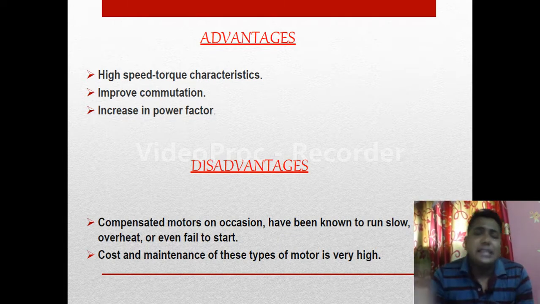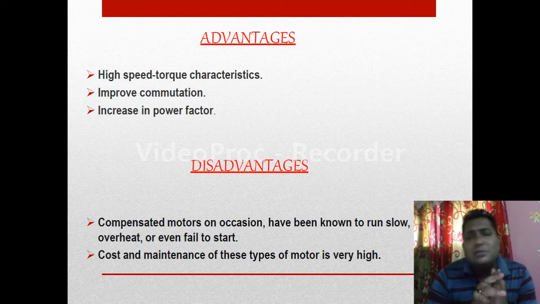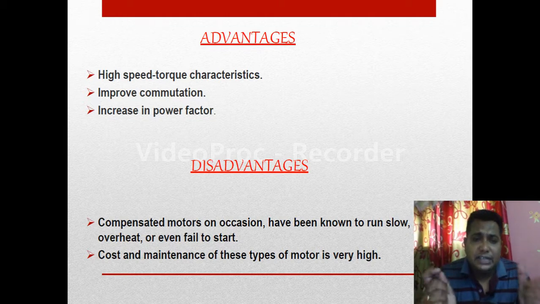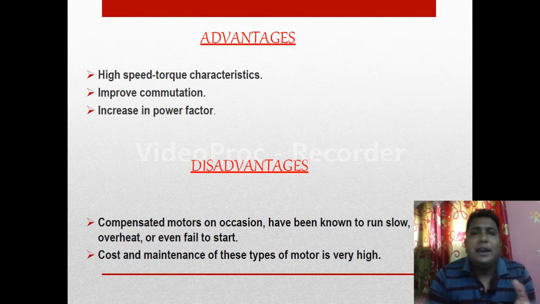If we make these changes, we can improve the commutation, and we can minimize or neutralize the armature reactions, brush sparking and heat generation. So everything we can minimize. This is the way we can improve the commutation and increase the power factor. Definitely, by using a high grade material we can improve this power factor.